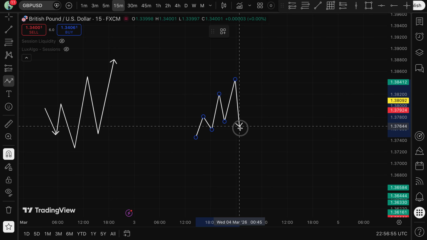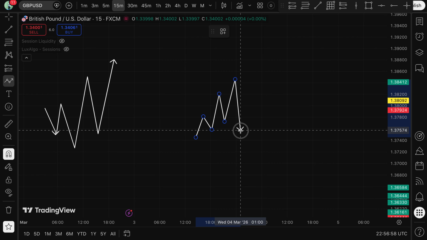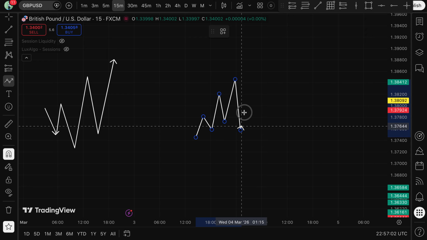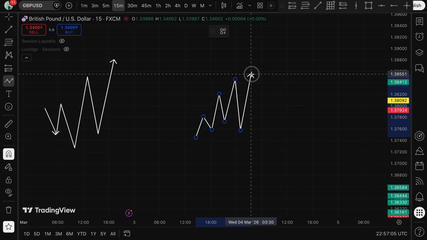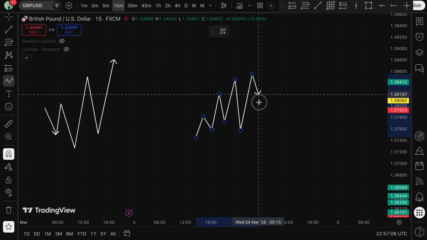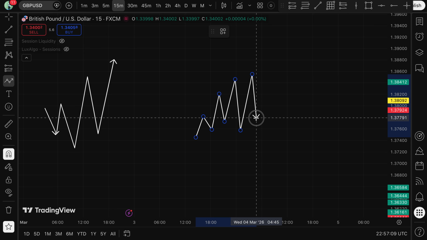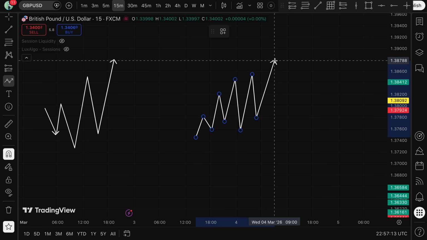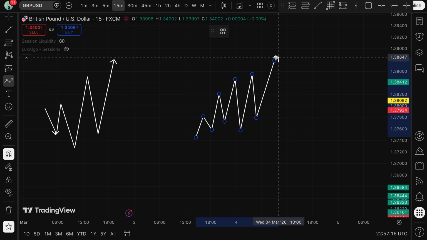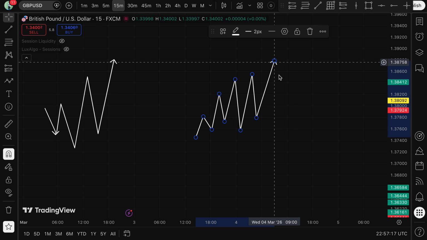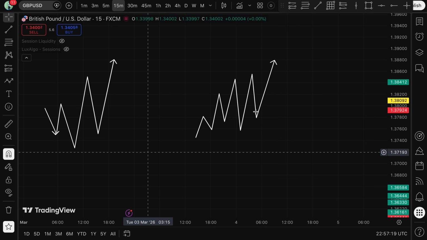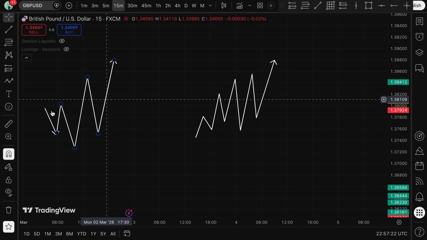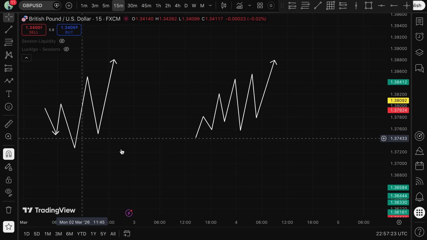You expected the market to react from this area, but it didn't. Instead, it took it out and moved a bit like this and came back to reclaim it here before pushing to the upside. So yeah, this is just a continuation Quasimodo pattern, and this is just for the reversal pattern.